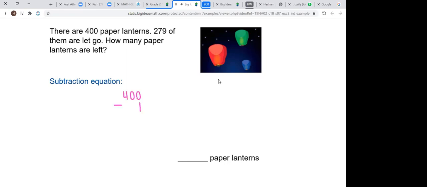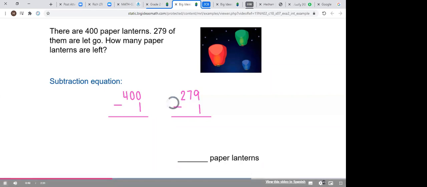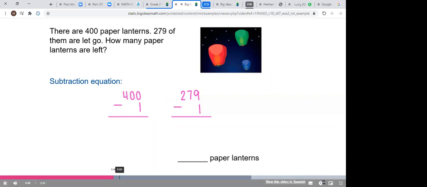400 minus 1 equals what number? 279 minus 1 equals what number? First, subtract 1 from 400. Regroup 400 and 0 tens as 300s and 10 tens.